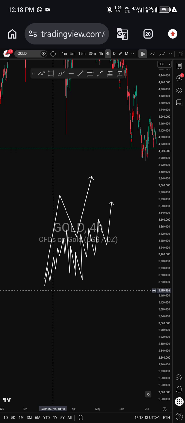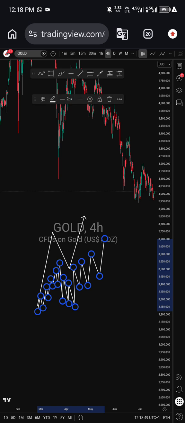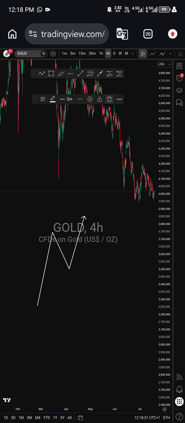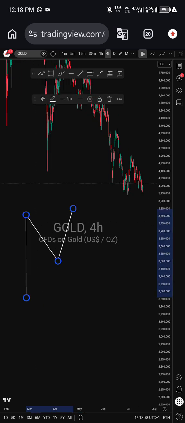Indication, correction, continuation. Understand? Indication, correction, continuation. So let's go again. Let me make it clearer for you so you can see it. So this is how it goes.